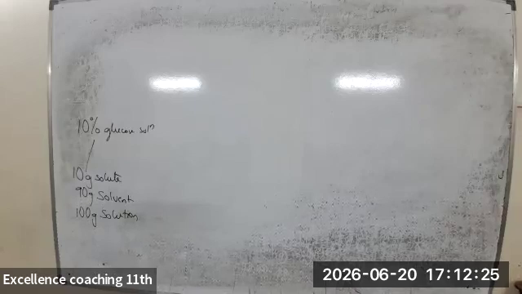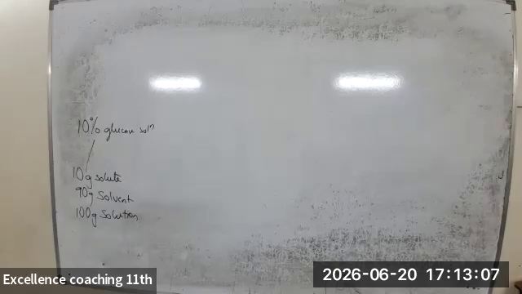When I say 10% of any solution, and you're given weight by weight, it basically says that 10 grams will be your solute, where 90 grams will be your solvent. And your total, 90 plus 10, will be 100, so 100 grams will be your solution. With this information, I made it much easier for you to see what this 10% means.